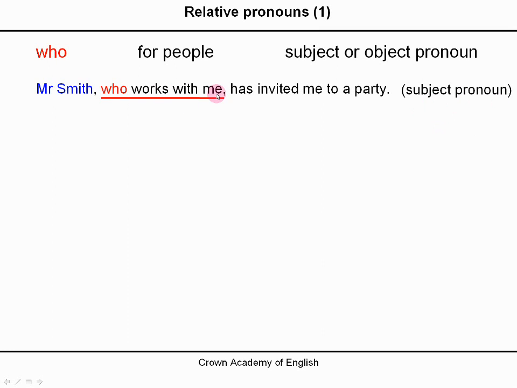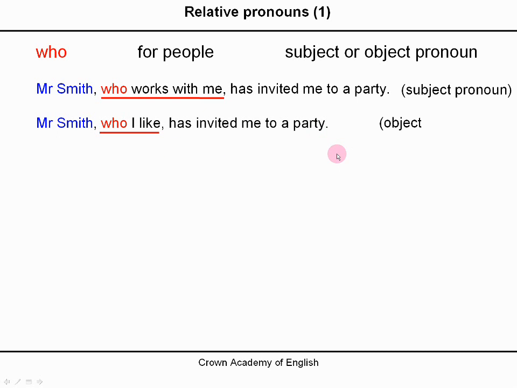Who works with me? And this is the non-defining relative clause, with a comma here and a comma here. Mr. Smith, who I like, has invited me to a party. And here, who is acting as an object pronoun, who I like.